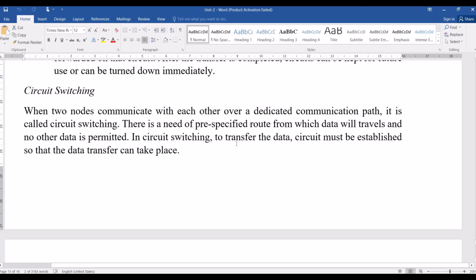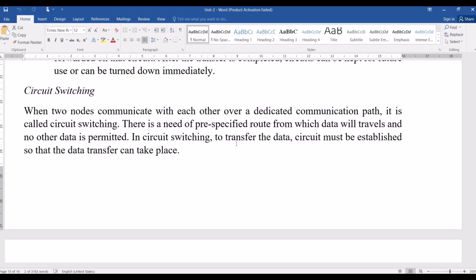When two parties communicate with each other over a dedicated communication path, it is called circuit switching. There is a need for a pre-specified route over which the data will travel, and no other data is permitted. To transfer the data, the circuit must be established so that the data transfer can take place. Circuit switching is our telephone communication also. In your mobile phone or your normal telephone lines, if you dial the number, it establishes the connection, the circuit.